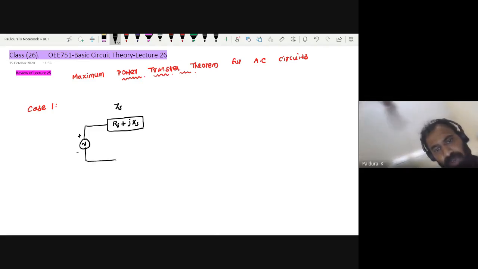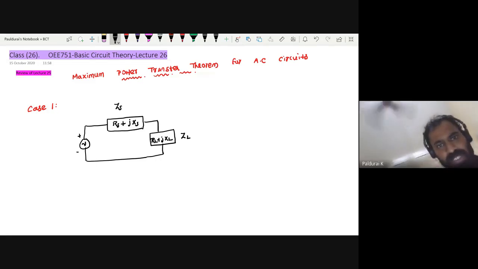But coming to load, case 1, the load may be RL plus j times XL. The load also is an impedance ZL. So what is case 1 according to unit 3? ZS source impedance and load impedance.